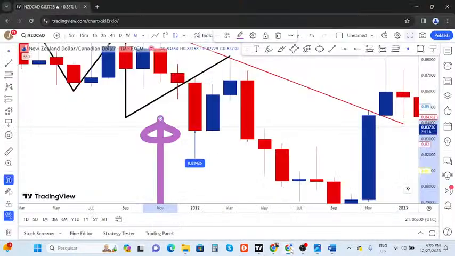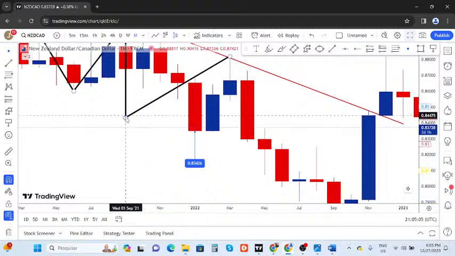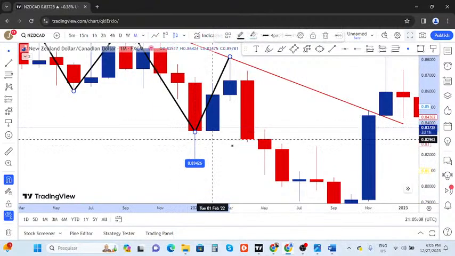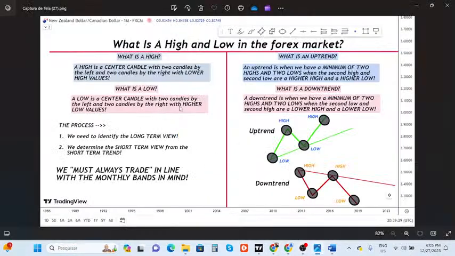So a low is a center candle with two candles by the left, two candles by the right with a higher low value. And a high is a center candle with two candles by the left, two candles by the right with a lower high value.